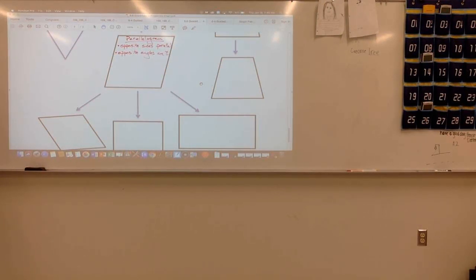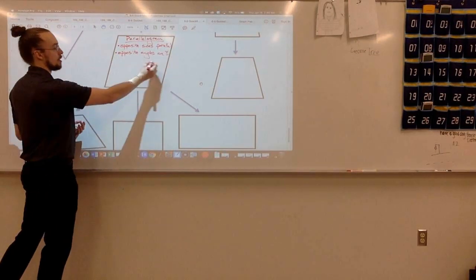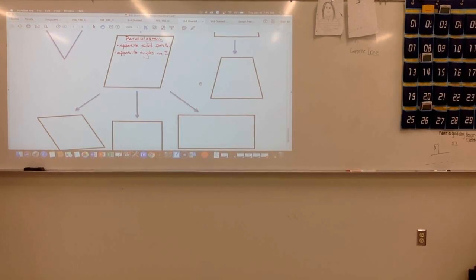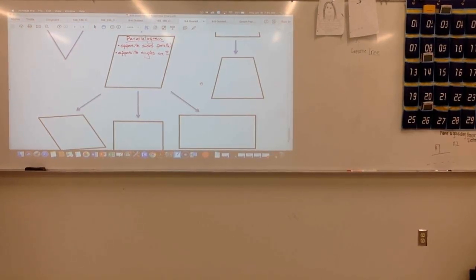Alternate interior. I guess that term would work.